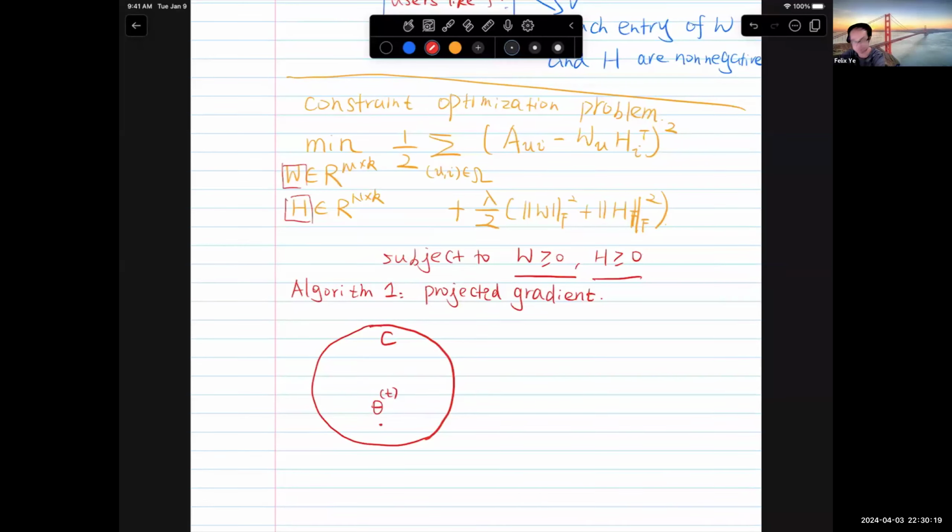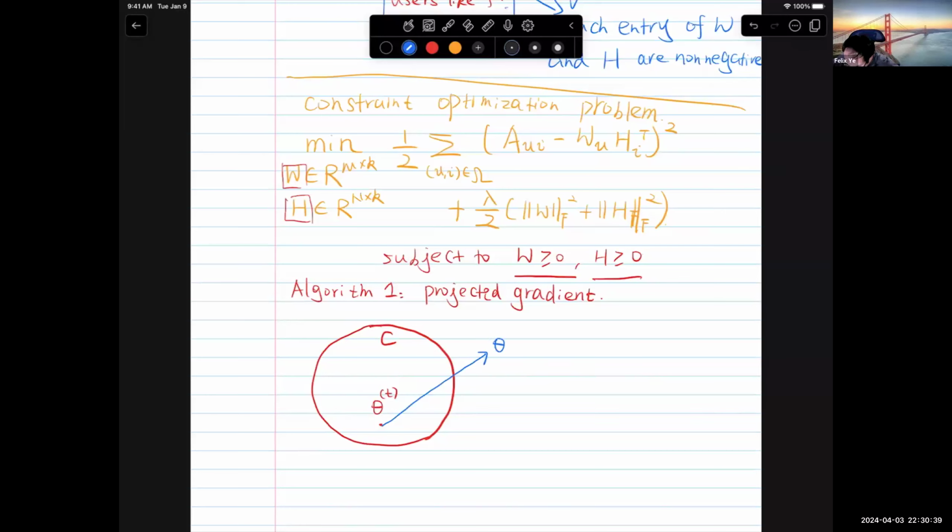But if you don't worry about the constraint, the next step of theta will shoot outside of this domain.